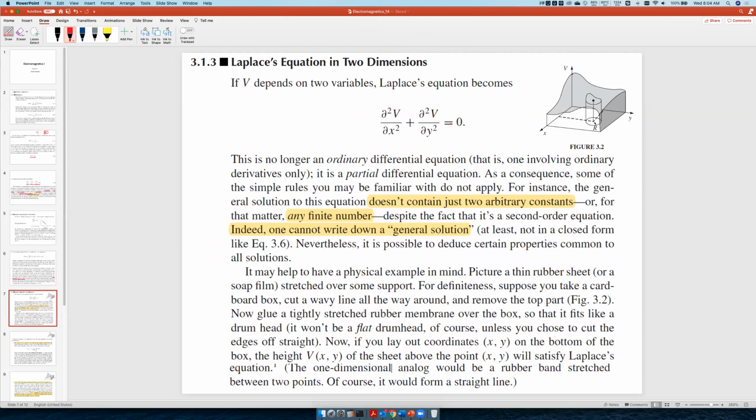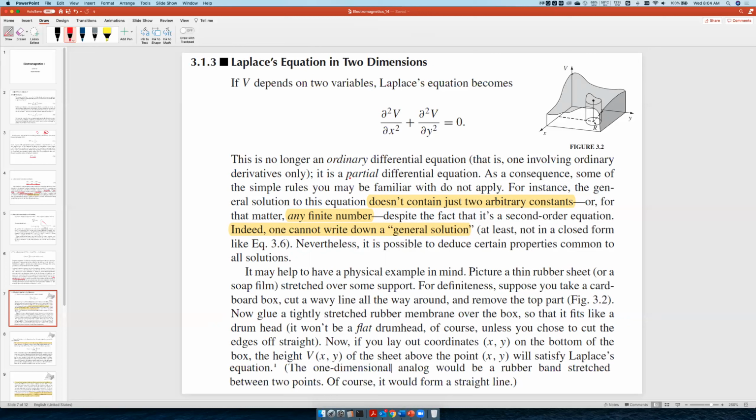So it's no longer an ordinary differential equation. An ordinary differential equation is one involving ordinary derivatives. Now, this equation is a partial differential equation.